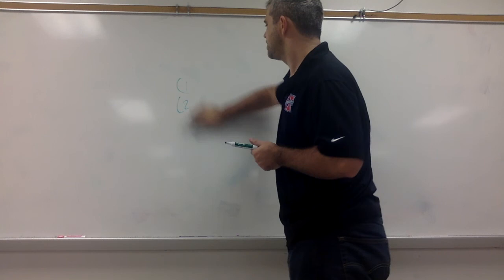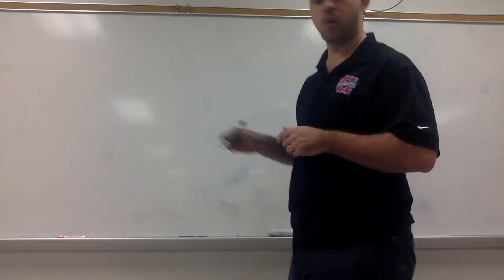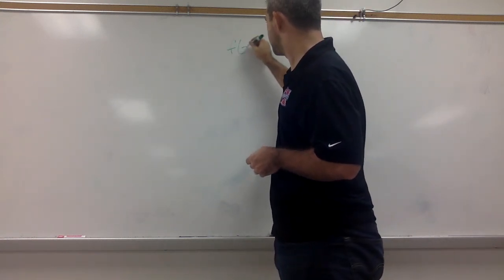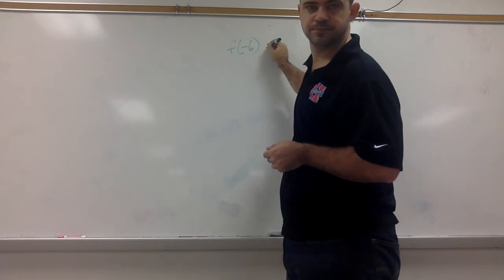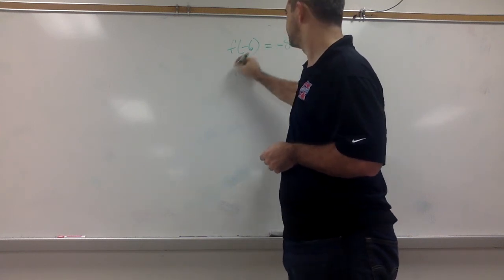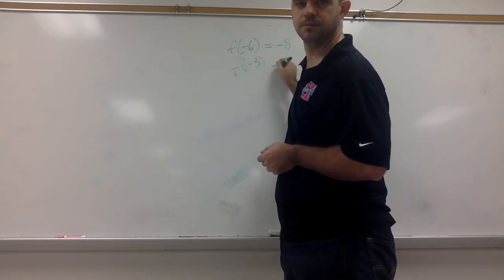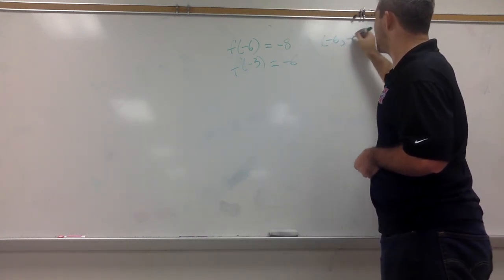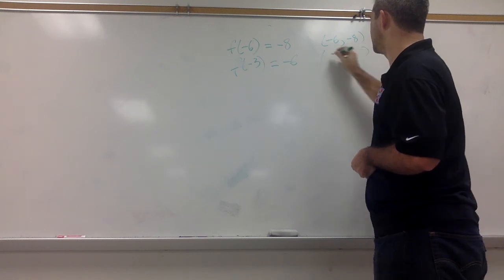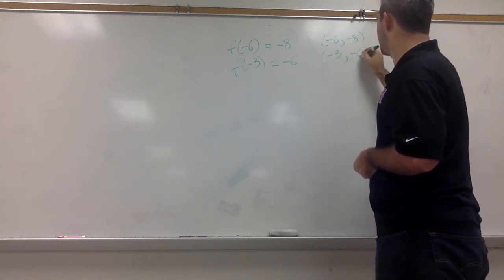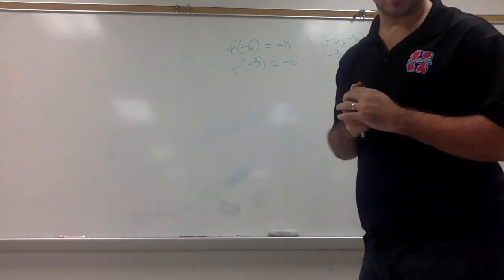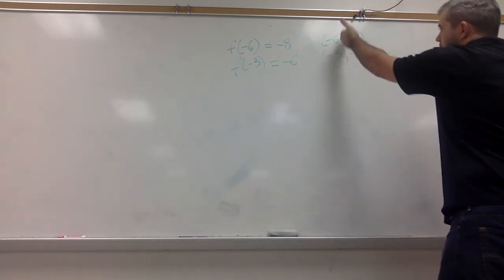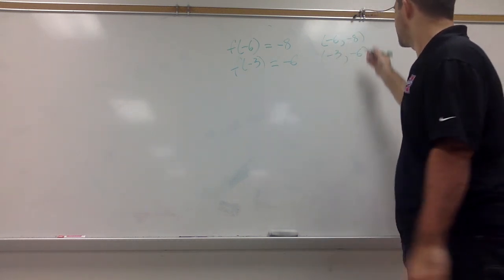All right. This question gives you 2 points and asks for the slope. So actually it asks for the line, the equation that makes this true. So first thing we're going to do is we're going to find the slope.